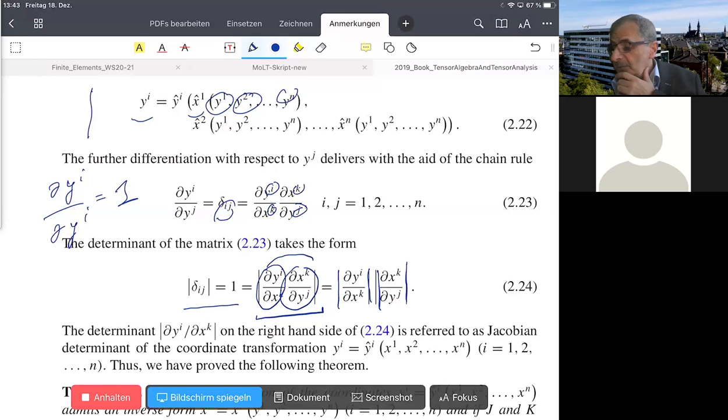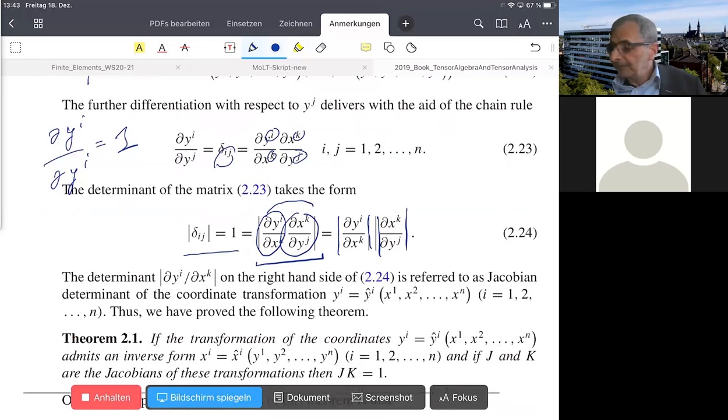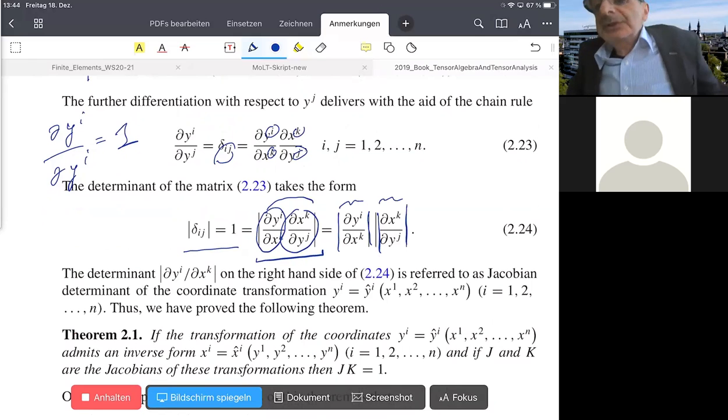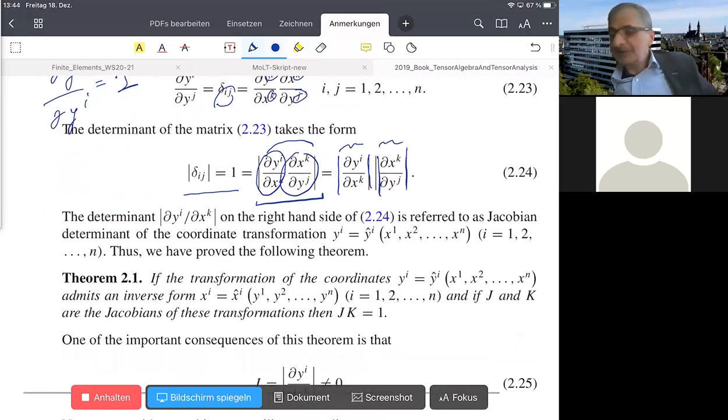And this is a very, very important result, because these determinants are called Jacobians of this coordinate transformation, and we get the important result that the product of these Jacobians is equal to 1. And so we have proved the theorem. Let us look at the theorem.